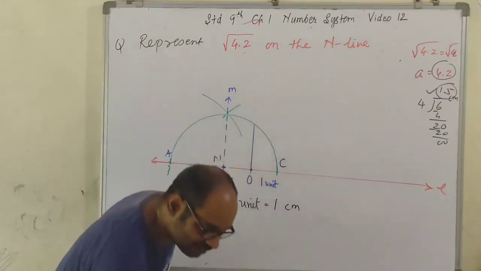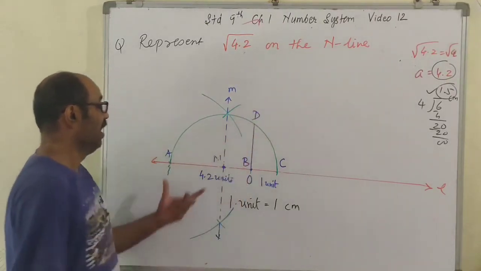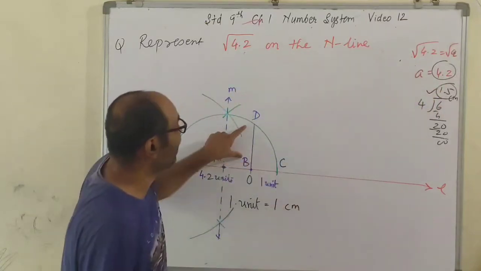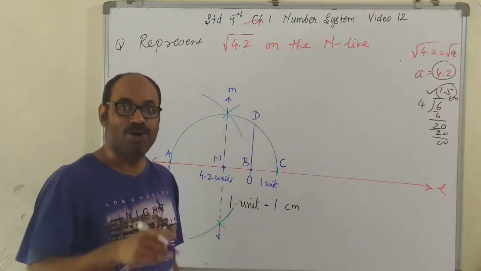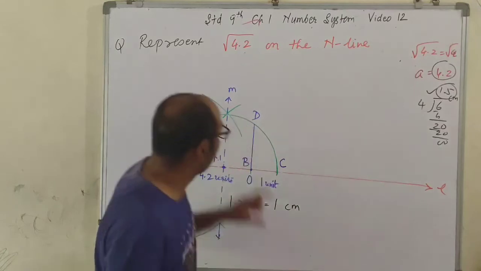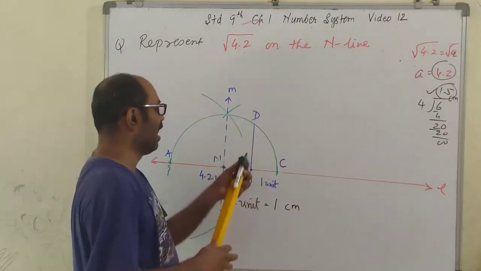Are you getting confused with this? I changed the point B, so let me keep it now. B and this is D. AB you have taken 4.2 units. So BD here you are getting is square root of 4.2 units. I have shown you all the calculations. So now it's time to project BD on the number line. So again I need a rounder.